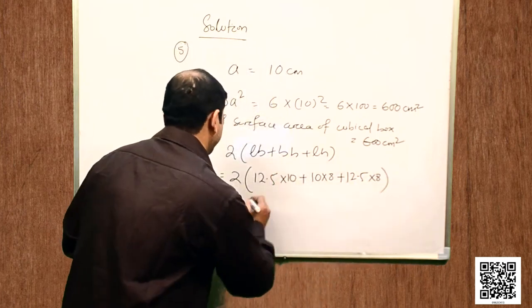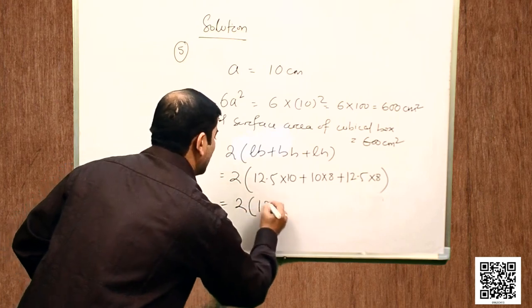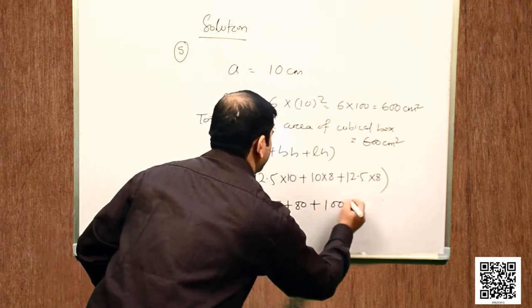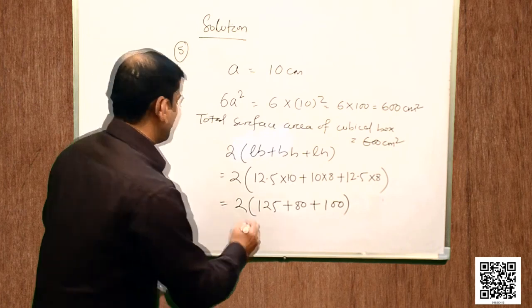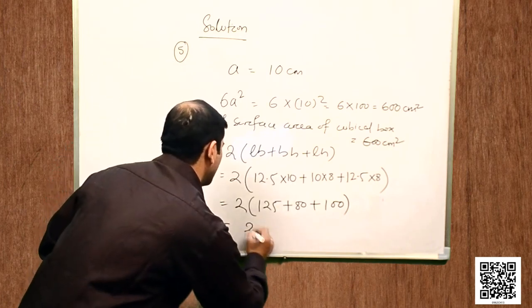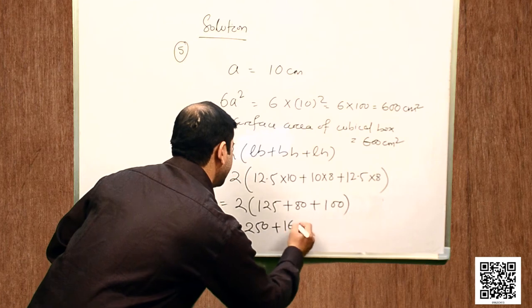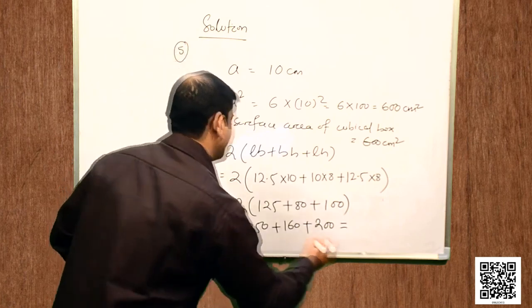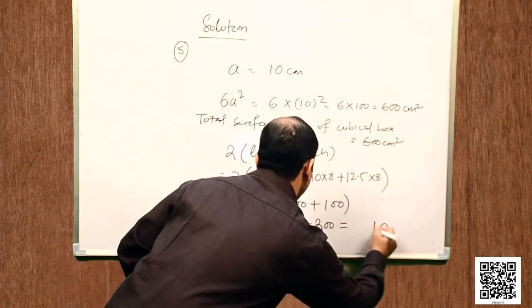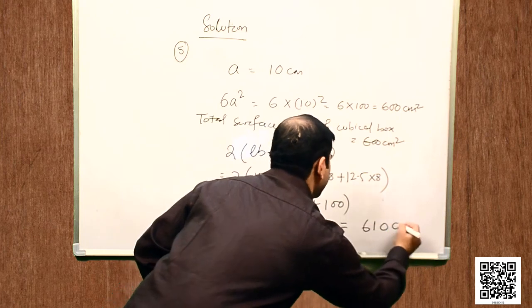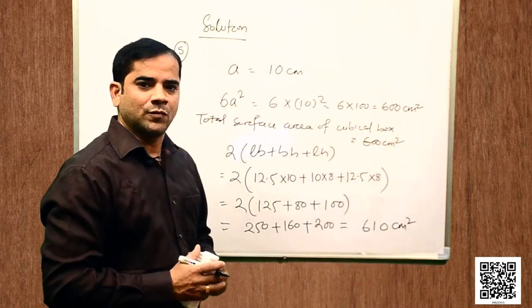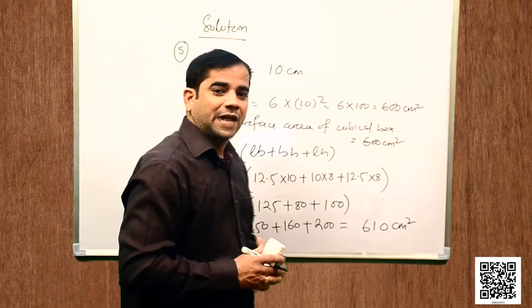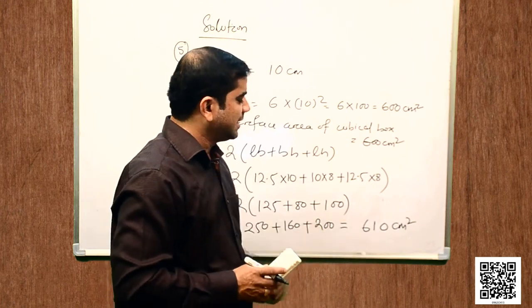So it becomes 2 into 125 plus 80 plus 100. So this gives us 250 plus 160 plus 200, that is equal to 610 centimeter square.